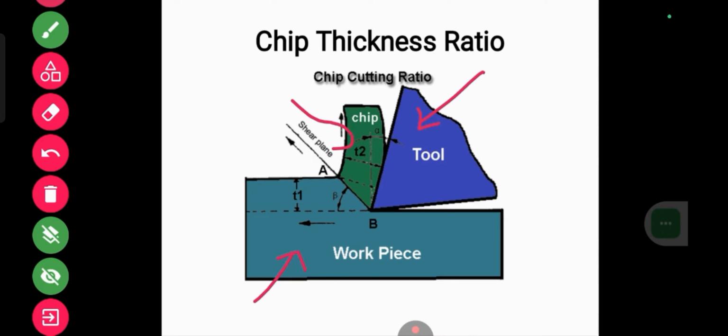This is the chip after cutting, and this is T1, the thickness of chip before cutting, and T2 is the thickness of chip after cutting.